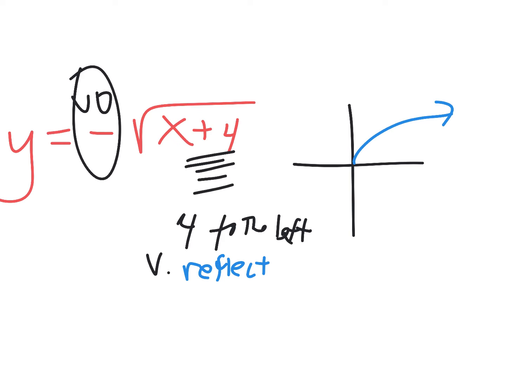You did the vertical flip, right? But you got to go 4 to the left. Yep. Close. You got one of them right that was not right before. You didn't move it to the left. Yes.